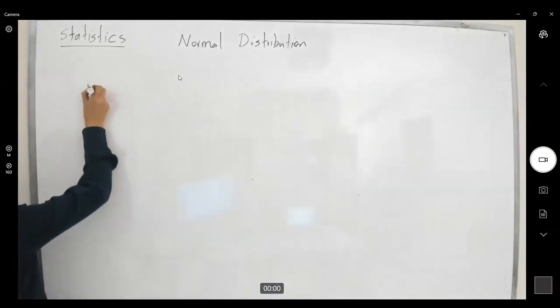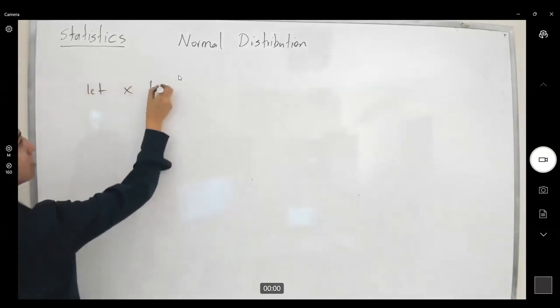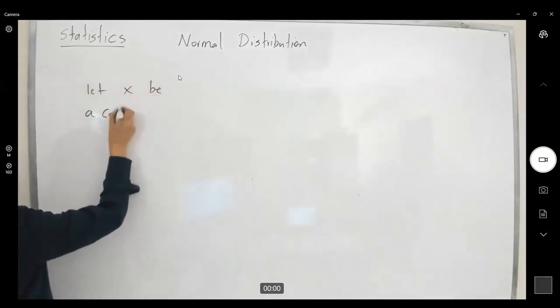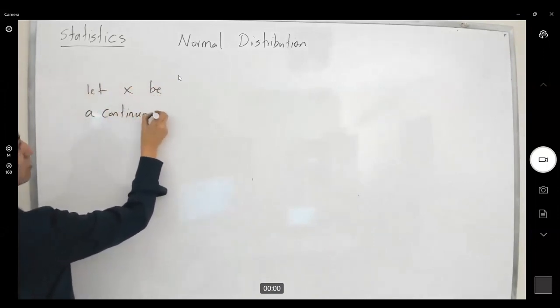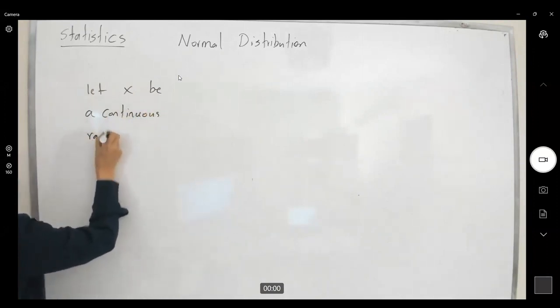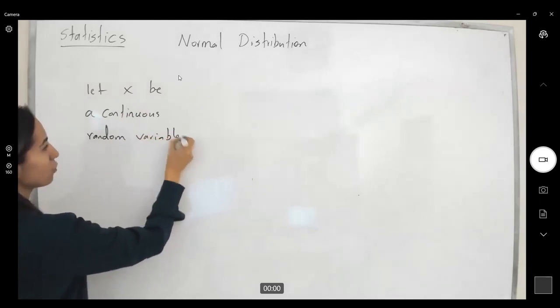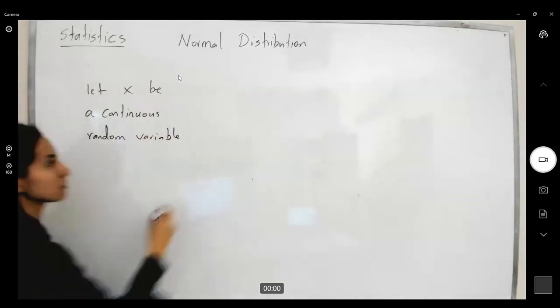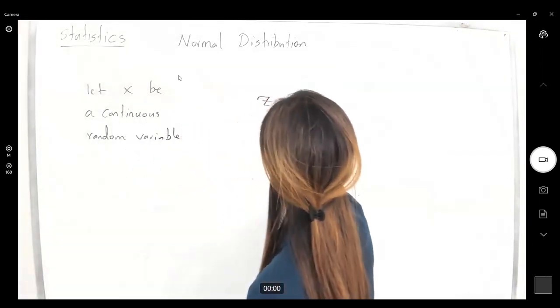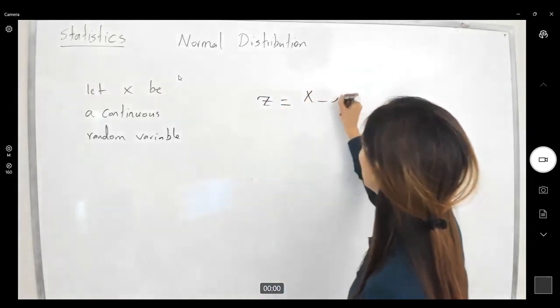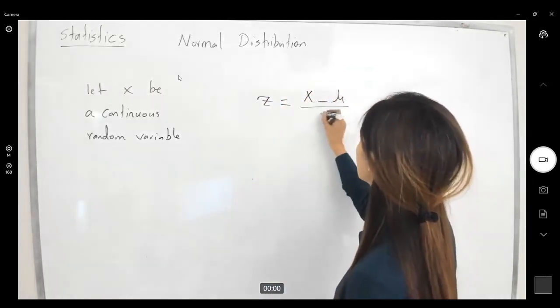So let x be a continuous random variable. Well, we can use z, which is defined as x minus mu divided by sigma.